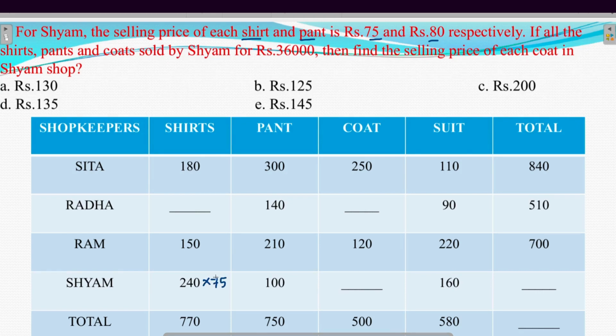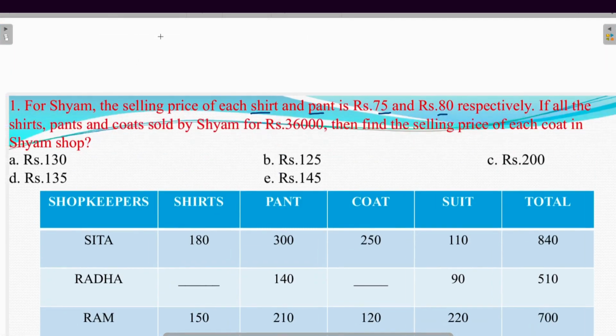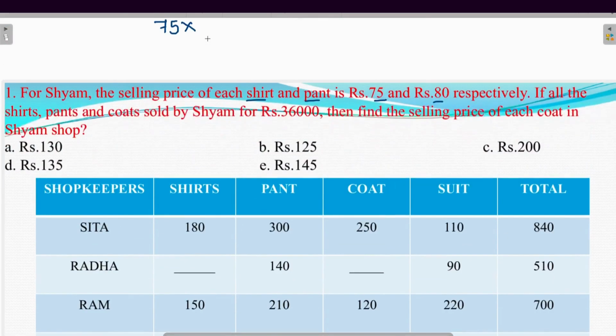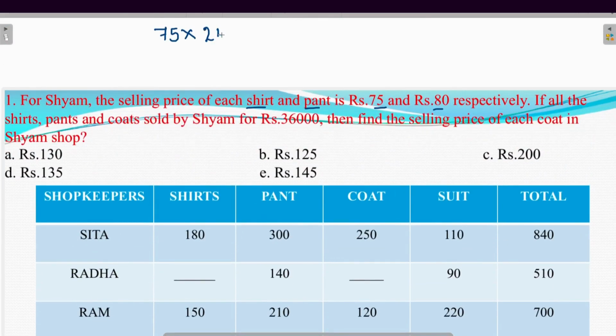Then 240 into 75, I can do: double of 75 is 150, half of 240 is 120. 120 into 150, 15 12s are 180, you know. Otherwise you can double one more time, 360. 300 into 60, 18,000. So you have to multiply 75 into total 240 shirts.